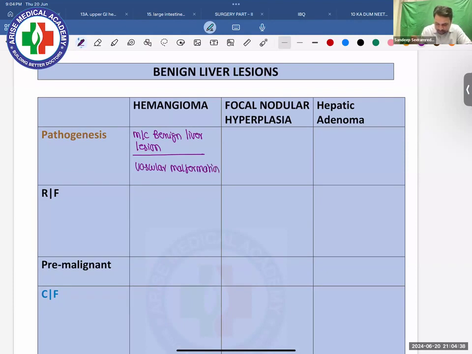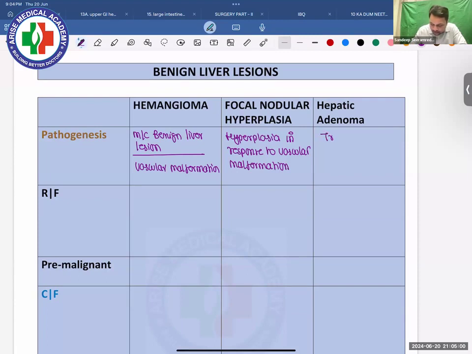Focal nodular hyperplasia is a hyperplasia in response to vascular malformation.